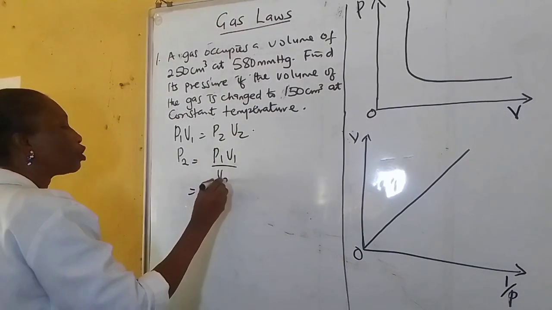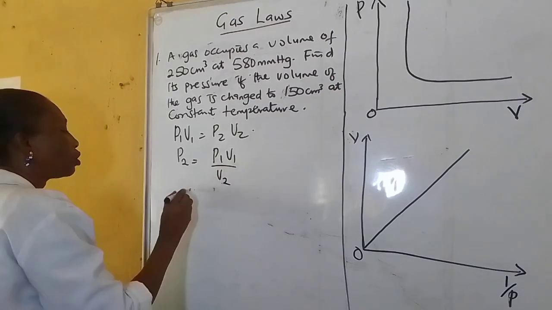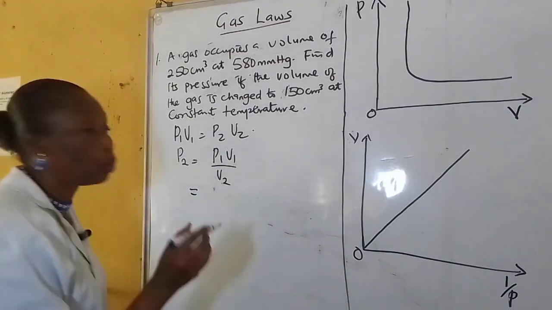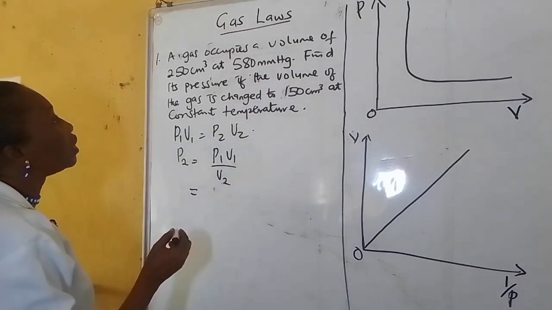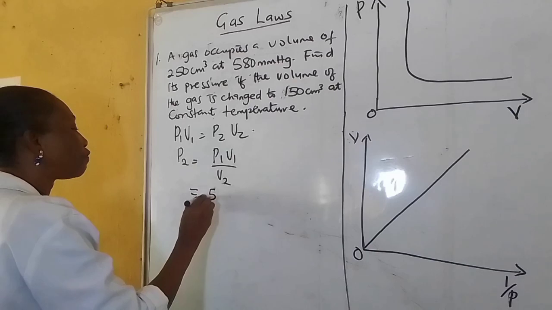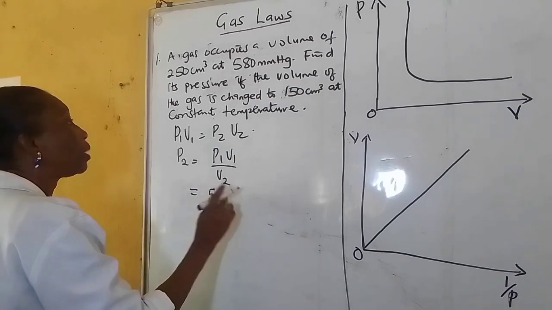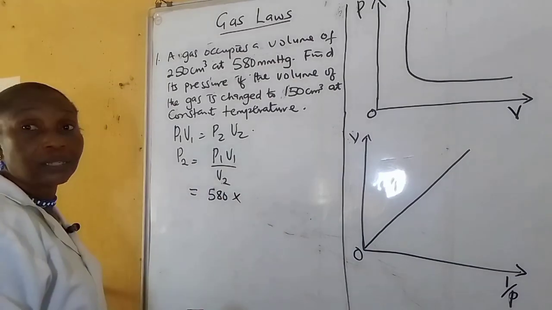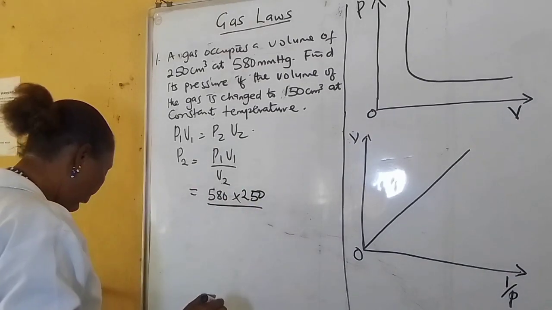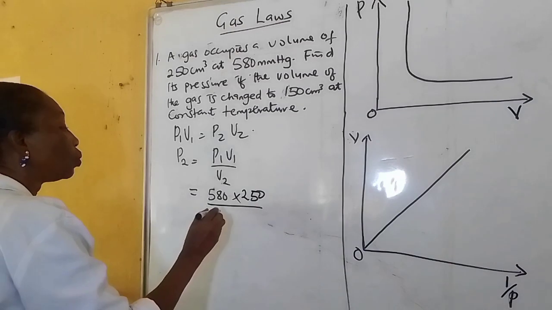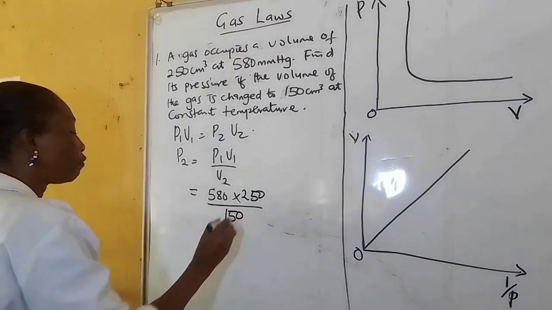Don't forget to substitute according to the variable you have here. So what is our P1? Our P1 is 580 millimeter mercury times our V1, which is 250, divided by our V2, which is 150.